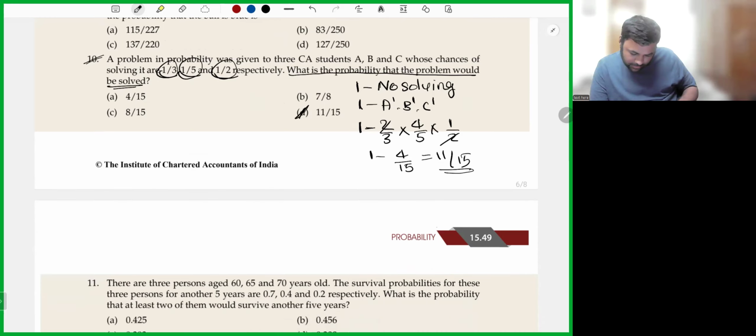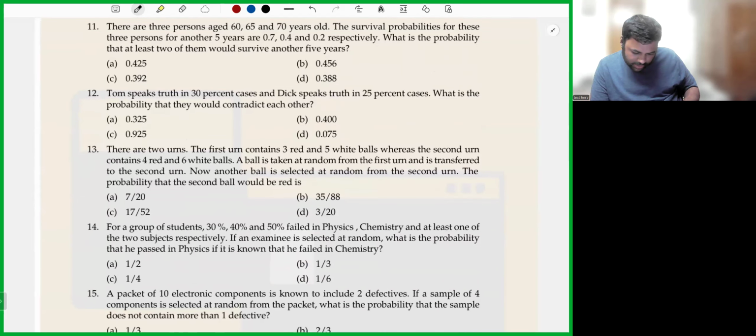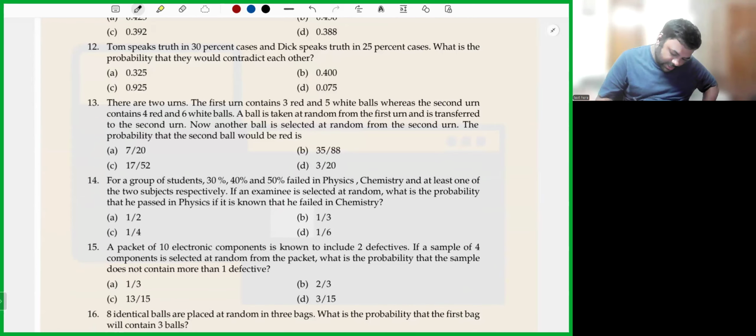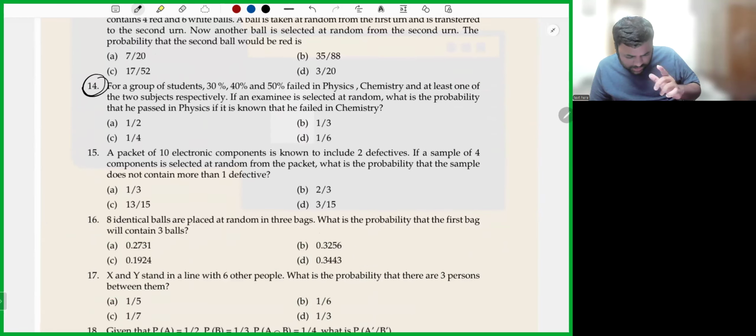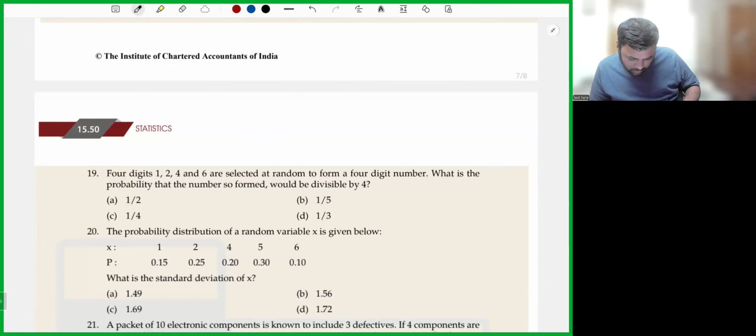There's no issue. But just randomly I'm taking up so that our concept will be clear. Yeah, this one I got the conditional probability sum. 14th one is a conditional probability sum. And there are two questions in the additional question bank also on the basis of conditional probability. That also we will solve now.